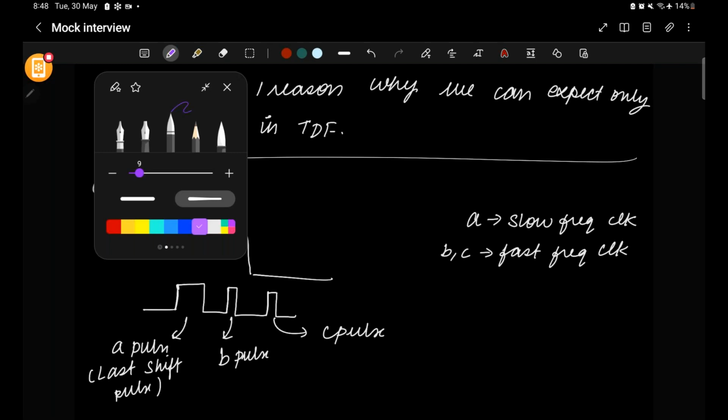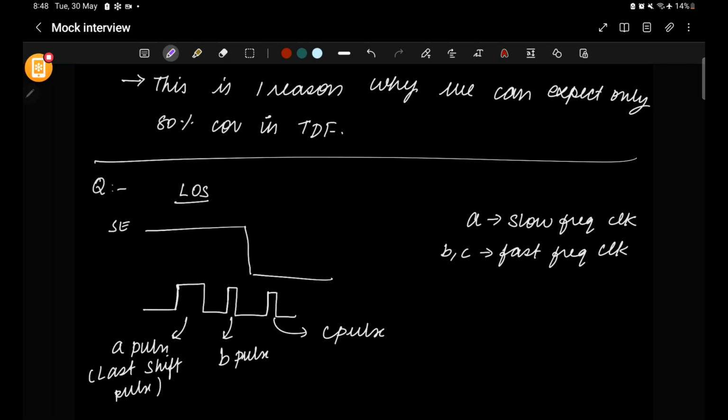So during that OCC, we had said, right, during shift, whether it is stuck-at or TDF, we will be propagating the slow frequency clock. If it is transition, during capture only, if it is stuck-at, we will propagate the slow frequency clock. If it is TDF, we'll be propagating the fast frequency clock.